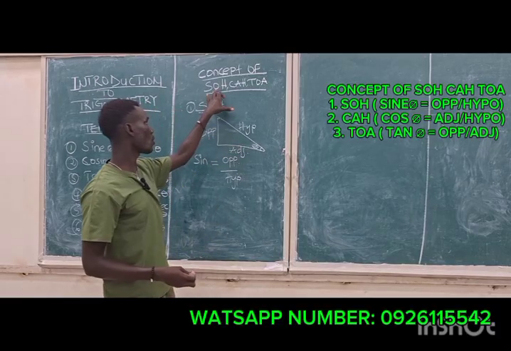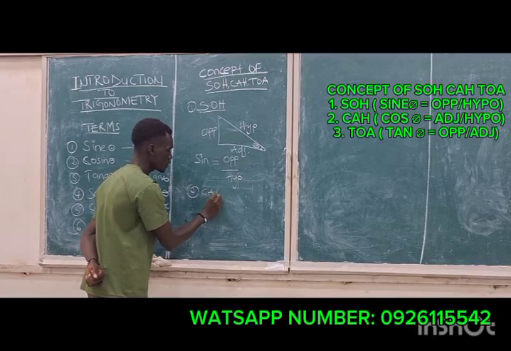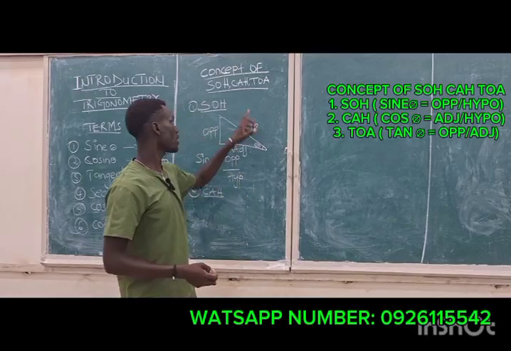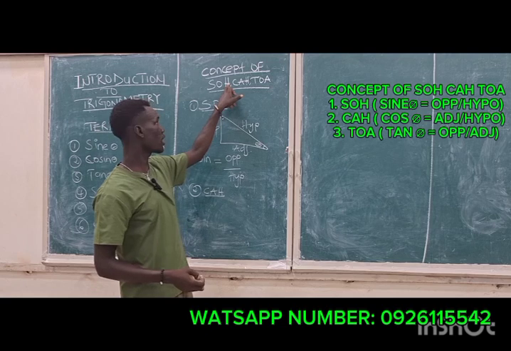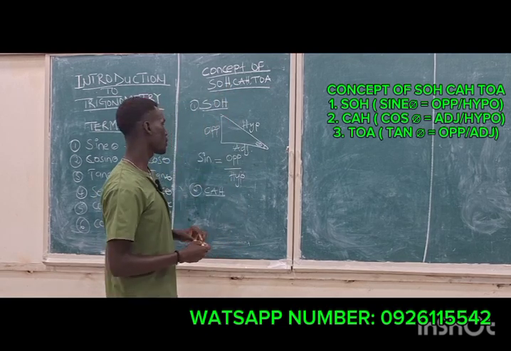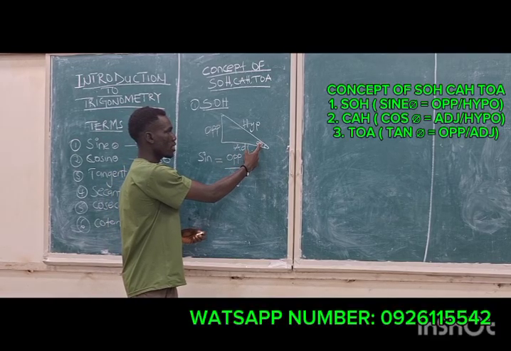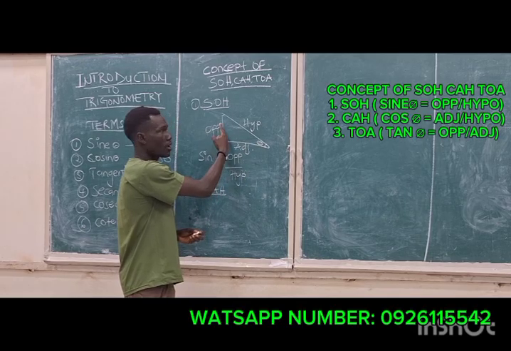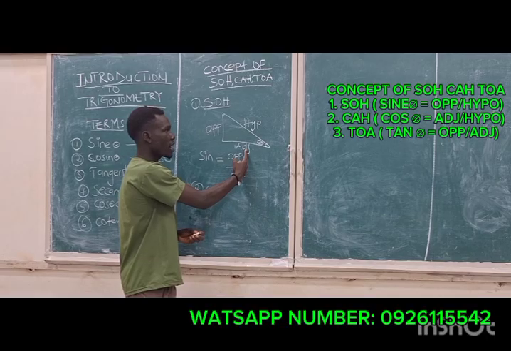So the second thing is CAH. Here, A stands for the adjacent, H stands for the hypotenuse. When we come to this angle here, the face which is directly opposite the angle theta is always the opposite, and the longest side is always the hypotenuse, and therefore this one is the adjacent.